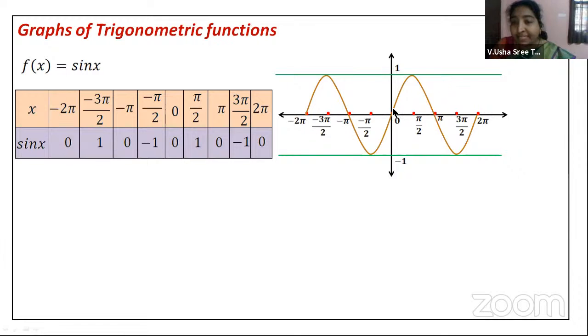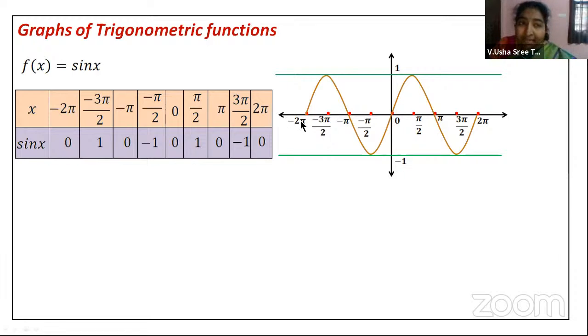At the same time, just observe from 0 to 360 again. The distance from this point to this point is 360 degrees. So one crest and one trough. To get this pattern, you are traveling a distance of 2 pi radians, isn't it? So the pattern of the graph is repeating exactly after 2 pi radians.